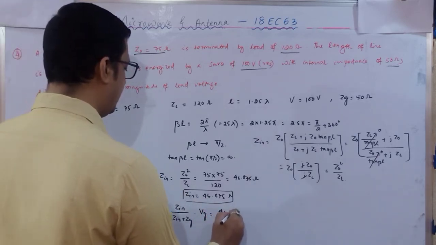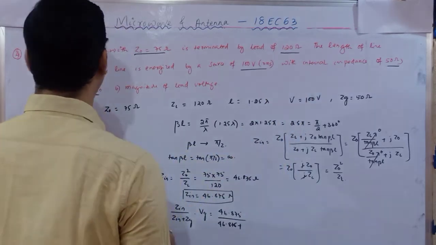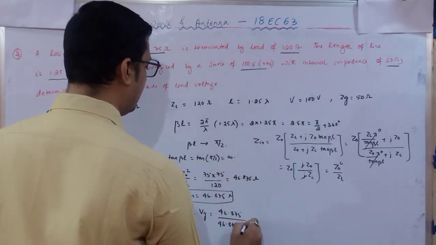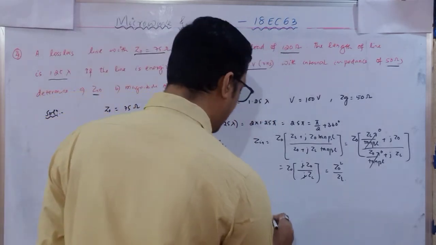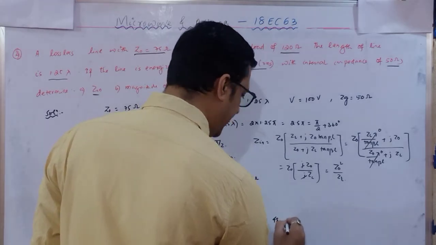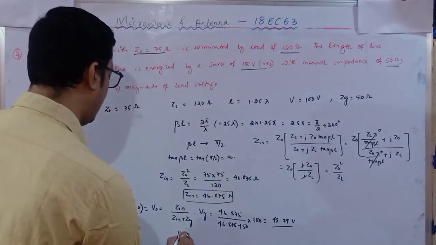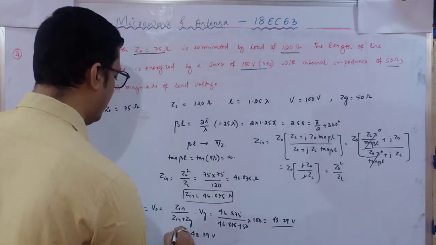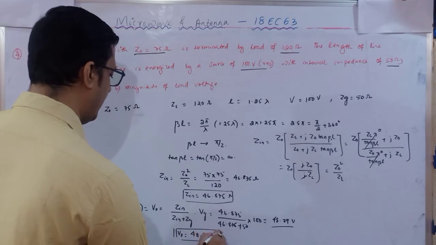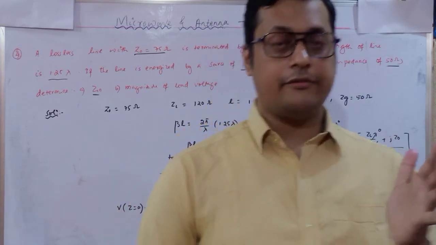It is 46.875 divided by 46.875 plus Zg, the internal impedance, which is 50. And what is our source? It is 100. If you solve this, you will get around 48.39 volt. So this is your V0 equal to 48.39 volt. Okay. So this is your V0.